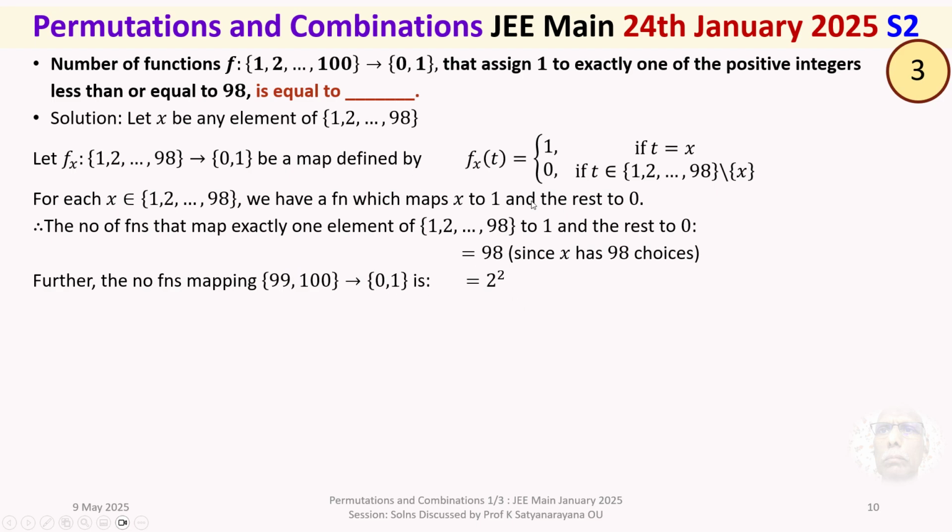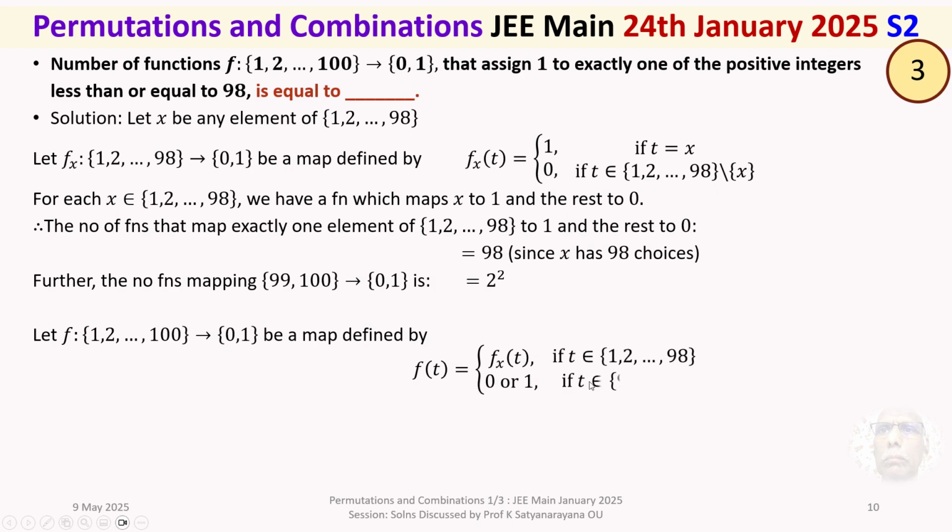But now let us combine these two things. Let f be the function from 1 to 100 mapping to 0, 1, defined by f(t) equal to f_x(t) if t belongs to 1 to 98, and f(t) equal to 0 or 1 if t belongs to 99 to 100.